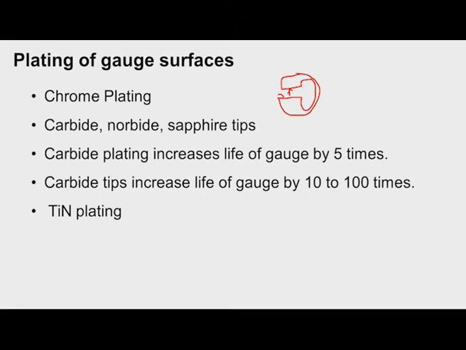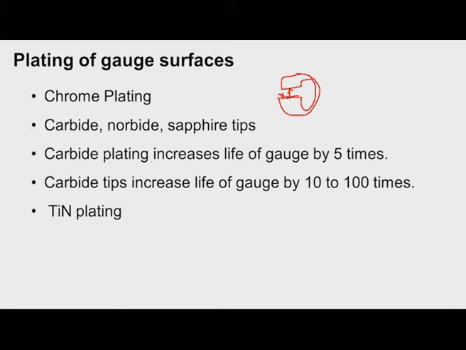Now in order to improve the wear resistance, some kind of coating can be provided on these gauging surfaces, like chrome plating and carbide coating. Sapphire tips are also used at this place.